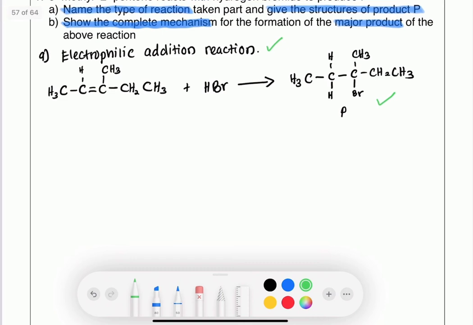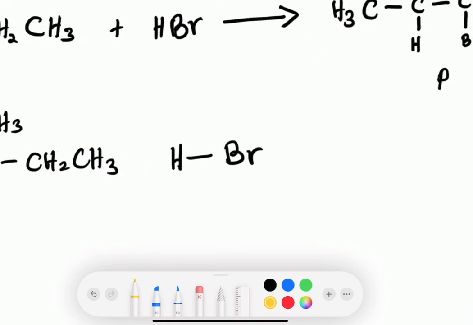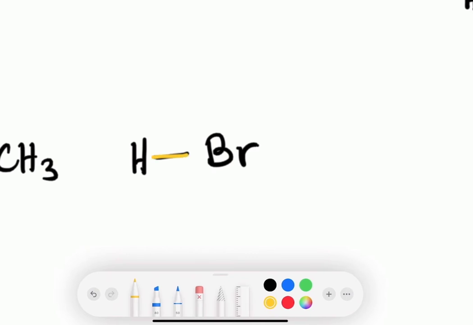Now we proceed with B, which is to show the mechanism for the major product. So let's start. We know this bond will undergo heterolytic cleavage.